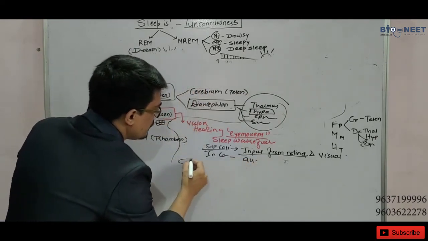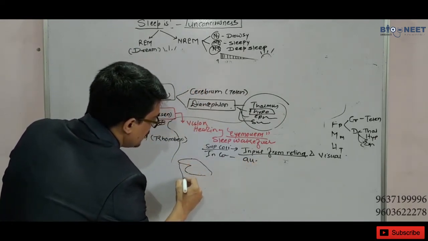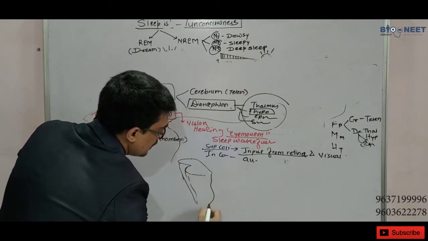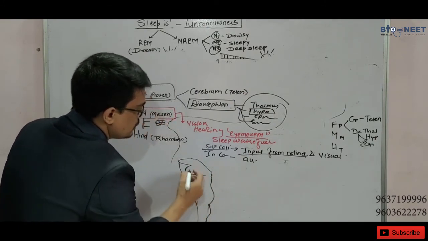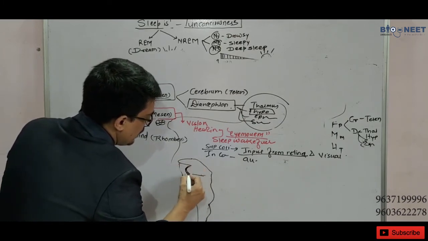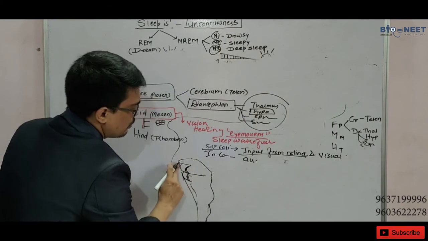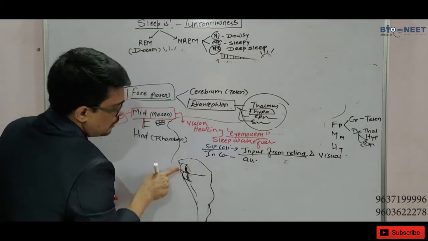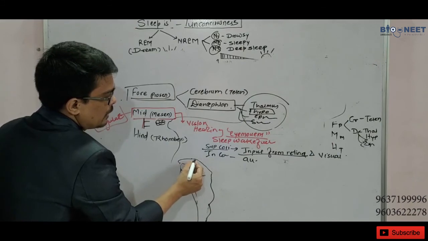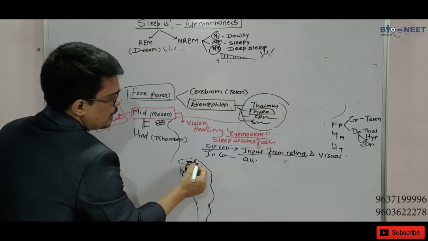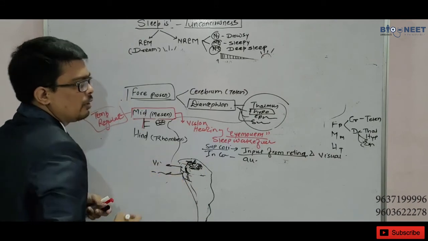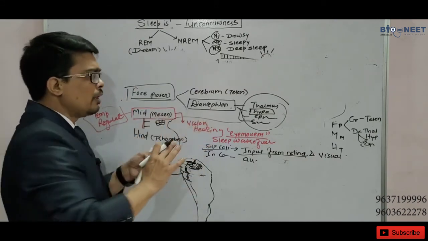If you take a section of the brain, this is the midbrain, pons, medulla, and spinal cord. Here you can see the superior colliculi, and here the inferior colliculi. These are the corpora quadrigemina, and here there are nuclei. So superior is vision and inferior is auditory. These are all about the midbrain.